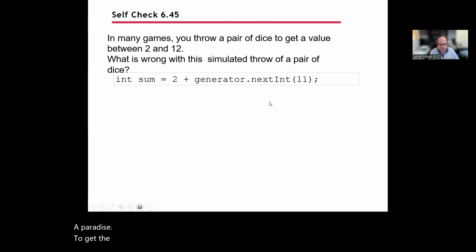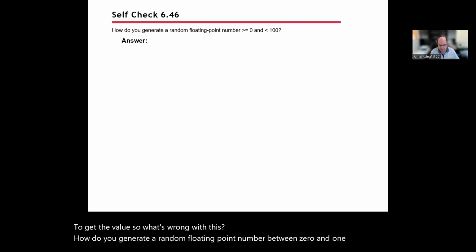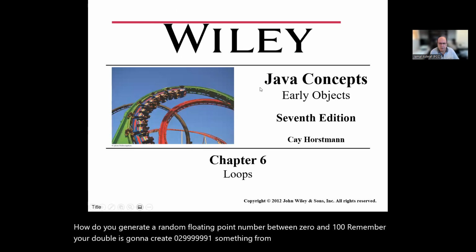So what's wrong with this? How do you generate a random floating point number between 0 and 100? Remember, your double is going to create 0 to 0.99999. Now I want something from 0 to 100. All right, that's going to be the end of this section.